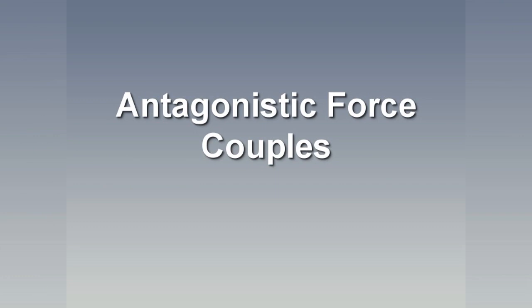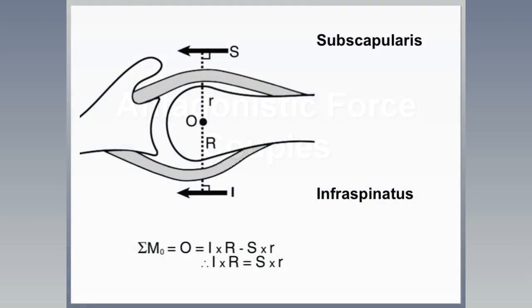The second concept for how force couples provide dynamic stability is the antagonistic force couples. So this is a little different now. You have two muscles that do completely the opposite effect, yet somehow work together to provide dynamic stability. Again, we'll talk about the shoulder cuff: your subscap, your internal rotator, and your posterior cuff, your infraspinatus and your teres minor.